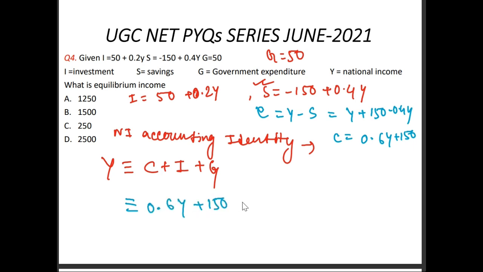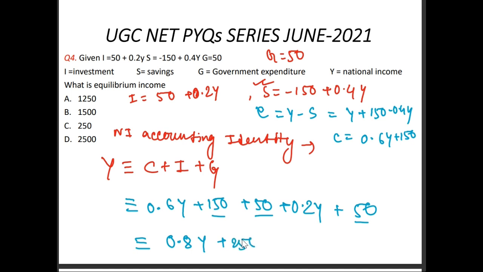Putting in the values, we get y equals 0.6y plus 150, plus investment 50 plus 0.2y, plus government expenditure 50. Hence this is equivalent to 0.8y plus 150 plus 50 plus 50, which is 250. So 1 minus 0.8y, that is 0.2y, is equal to 250.